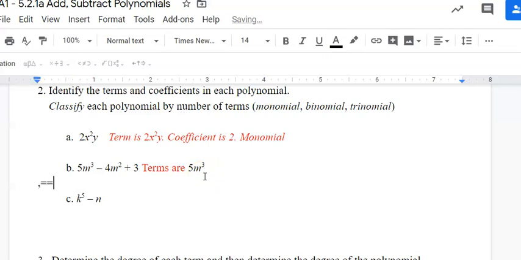Y'all let me know if you figure out a way to do that. All right, let's put a comma, and then I'm going to paste this one. And then I'll put a comma, and then I'll paste the 3.